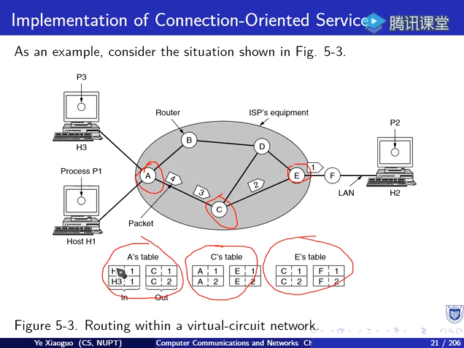H1 means the source address. So if a packet delivered by H1 arrives at router A, it will select virtual circuit 1, so it will deliver to C.